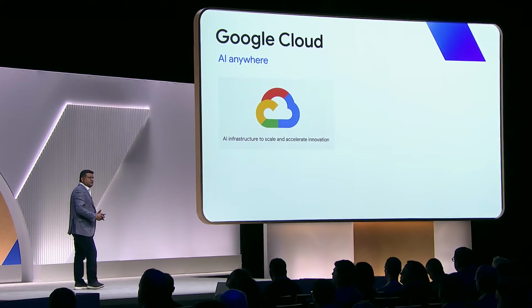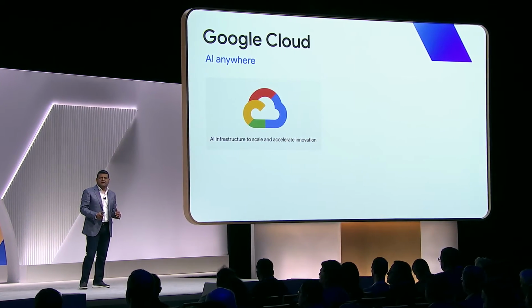We provide a complete portfolio to help you deliver AI anywhere, starting with our public cloud regions, with the massive scale and rapid innovation that we're now extending into the data center, into your data center, and to the edge with Google Distributed Cloud.